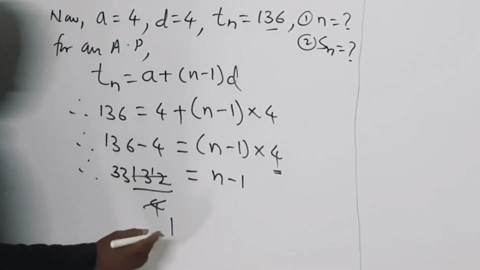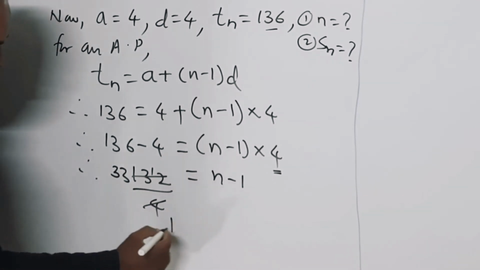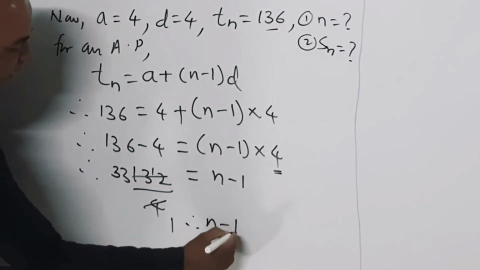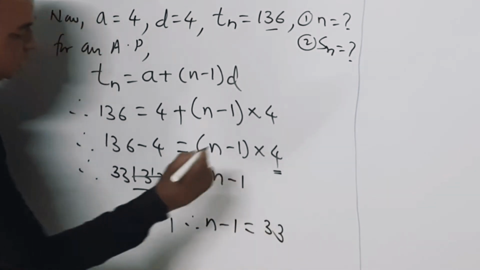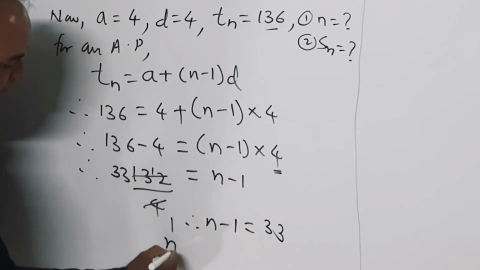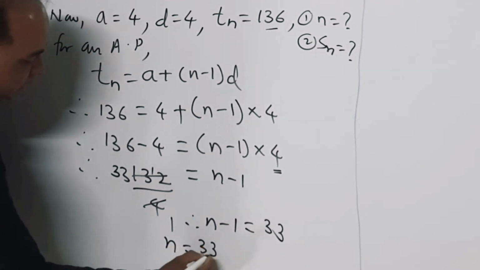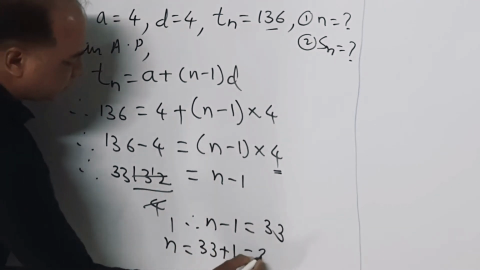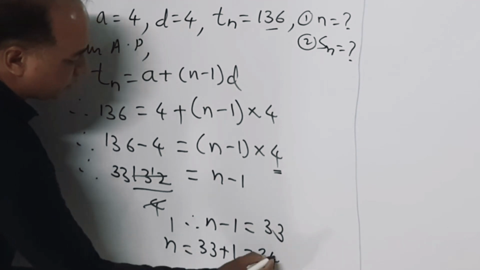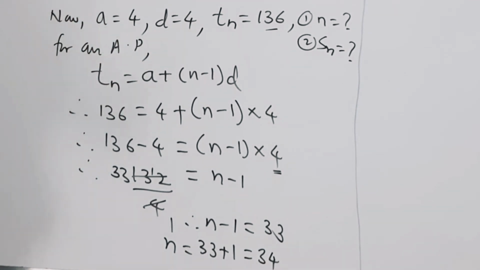You will get n minus 1 is equal to 33, and n is equal to 33 plus 1, which is equal to 34. So n is equal to 34.